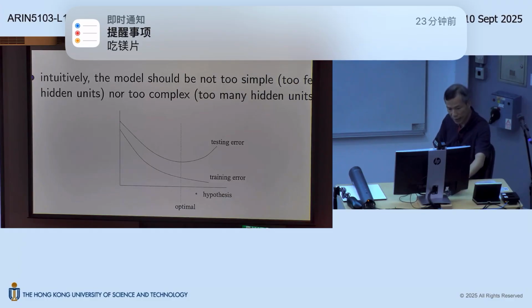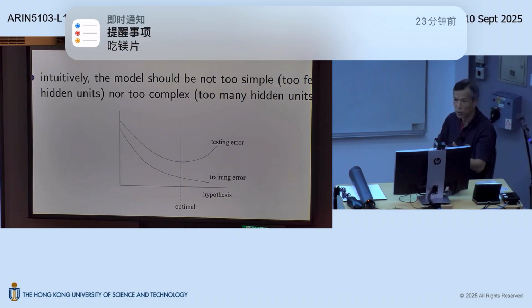On the other hand, if you use a very complicated model, so it will be in this region, then of course the training error is very good. Just like the previous example, you fit this curve to the points in the regression problem, so the squared error can go to 0.